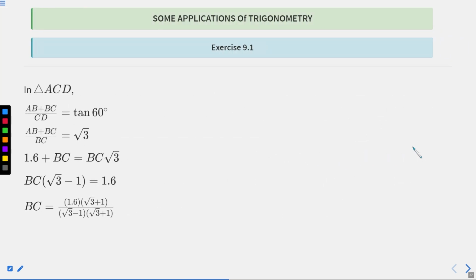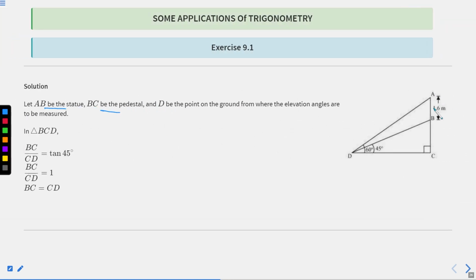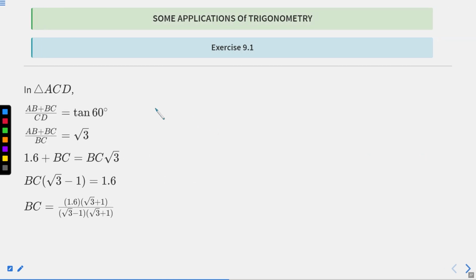Now from triangle ACD, the angle of elevation is 60 degree, AB is 1.6 meter, and AC can be written as AB plus BC. So in triangle ACD, AB plus BC by CD is equal to tan 60 degree.